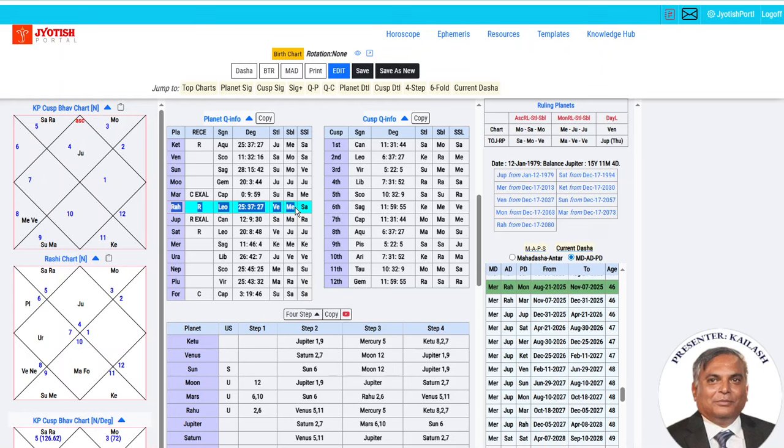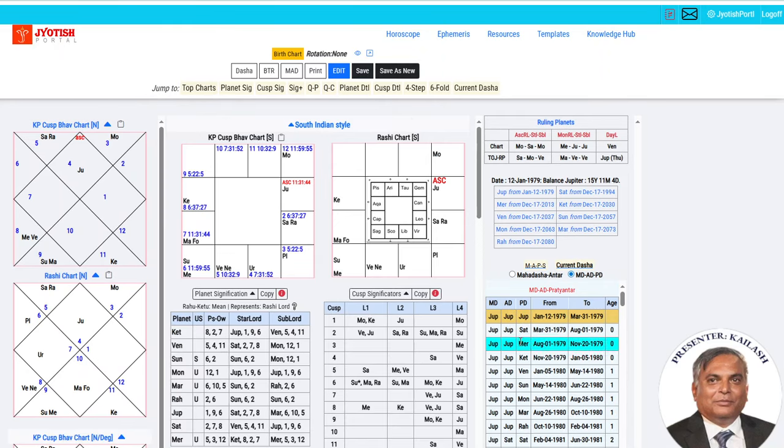That's what we are concerned with. Now let us reset this horoscope by using the mean position of the nodes. That's Rahu and Ketu. Now this is the horoscope with the mean position.